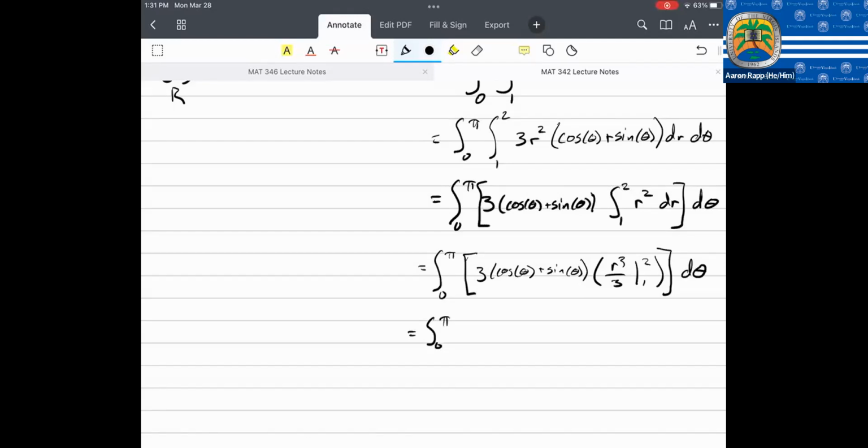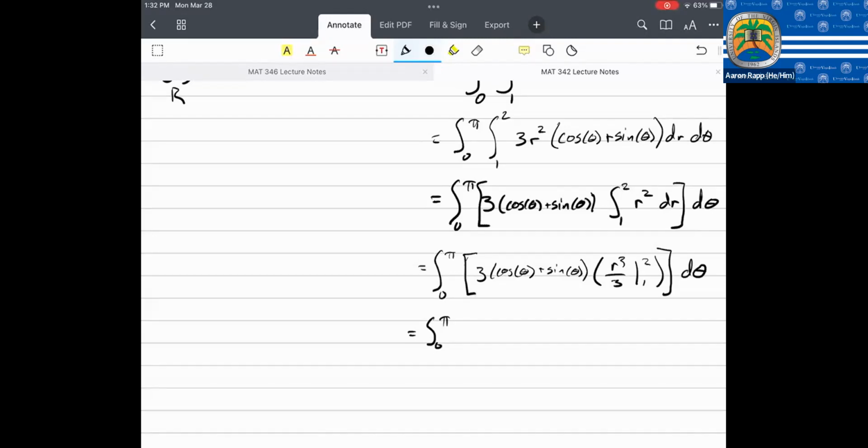So what do you want to do from here? So I can go ahead and just straight evaluate it. Melbourne, what do you see? Distribute that 3 through, right? Because what am I dividing that r cubed by? 3.